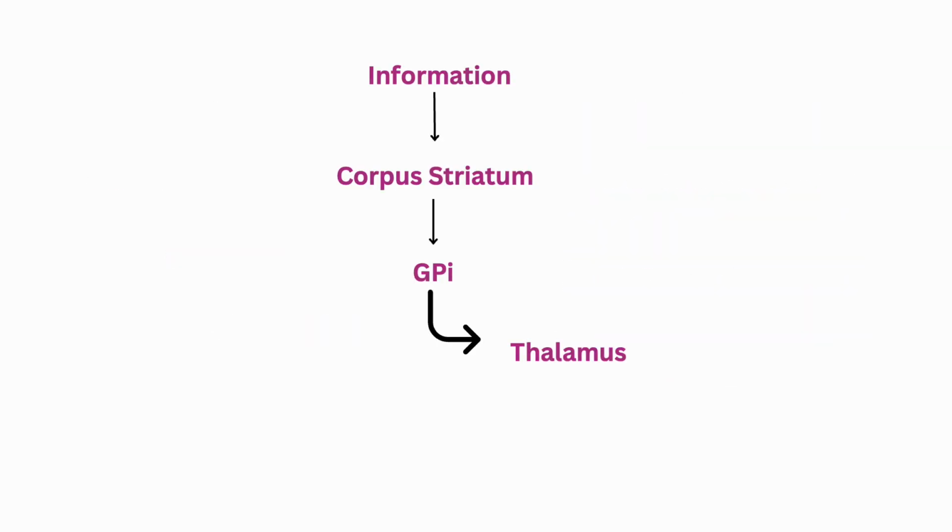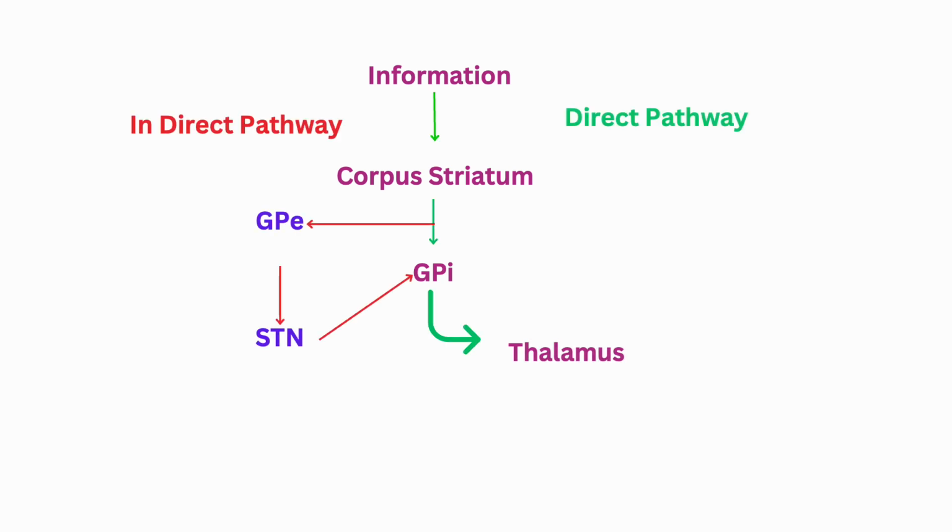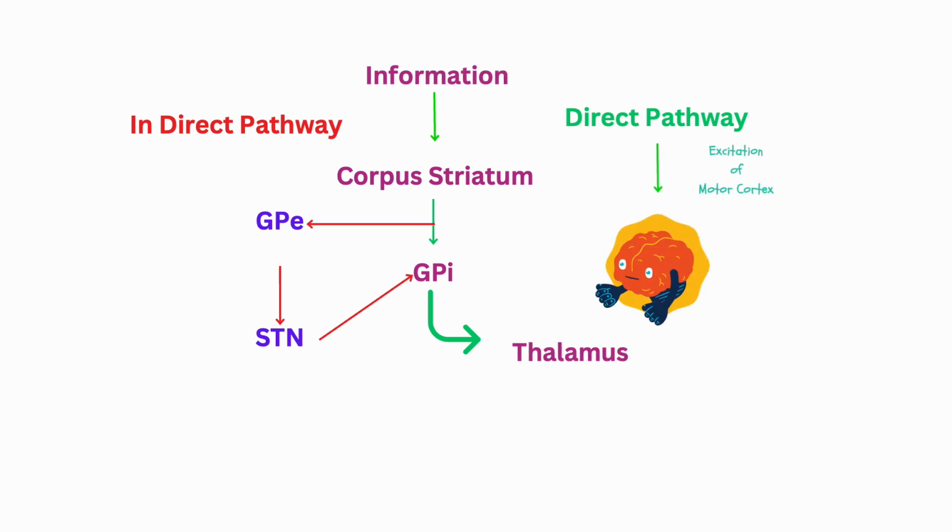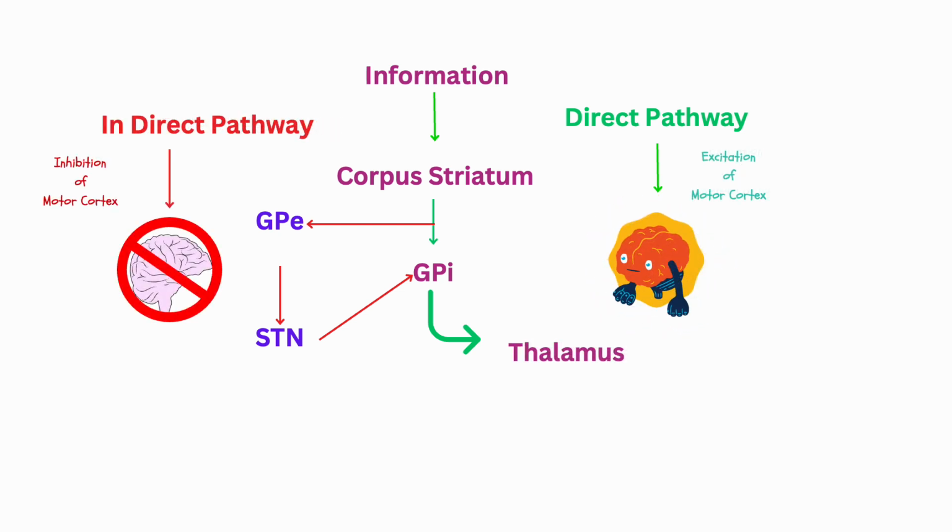The information flow can follow two different pathways, the direct pathway and the indirect pathway. The normal connectivity of the direct pathway results in excitation of the motor cortex, while the normal connectivity of the indirect pathway results in inhibition of the motor cortex.